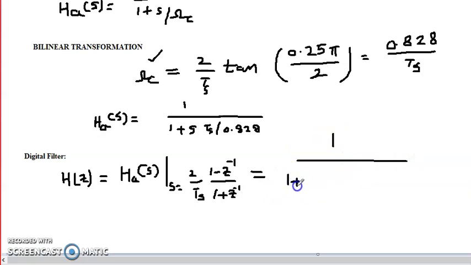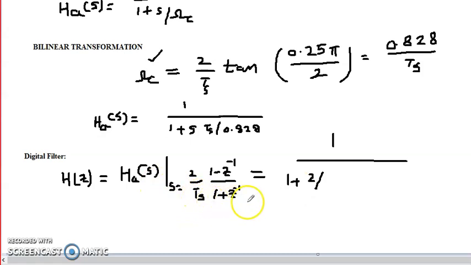And when we do this, we will get it to be 1 by 1 plus 2 by Ts. Generally if Ts is not specified, then we take this as unity.